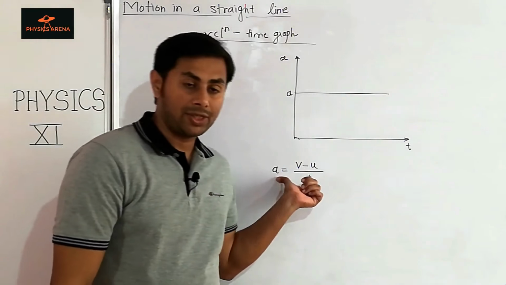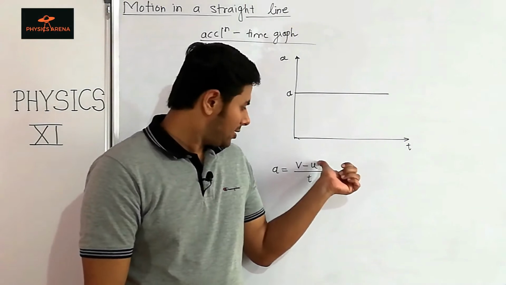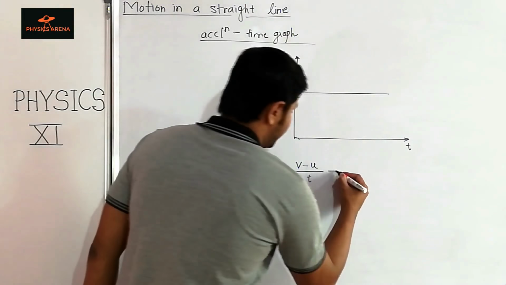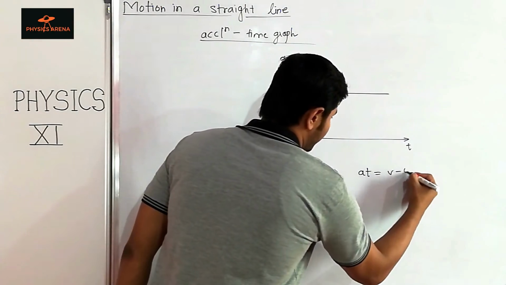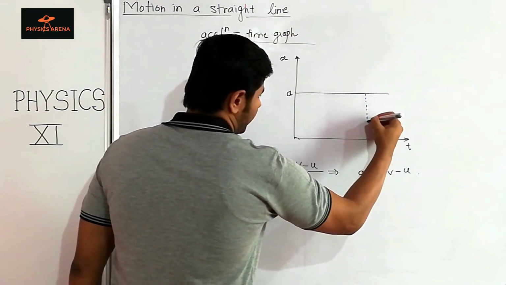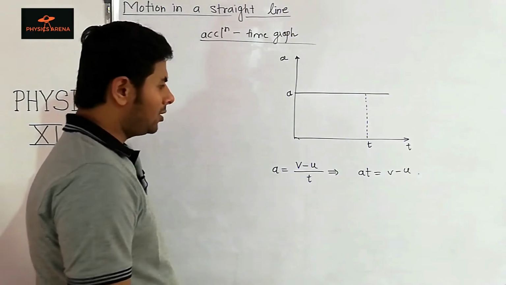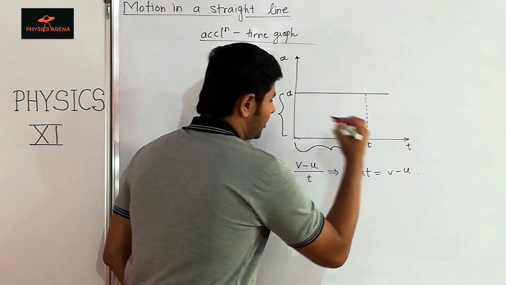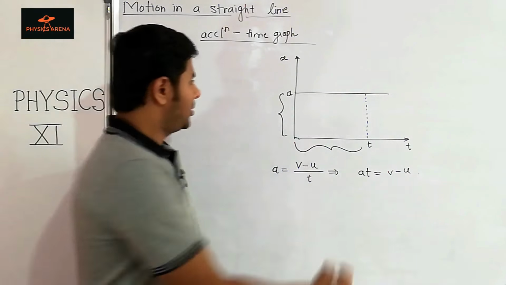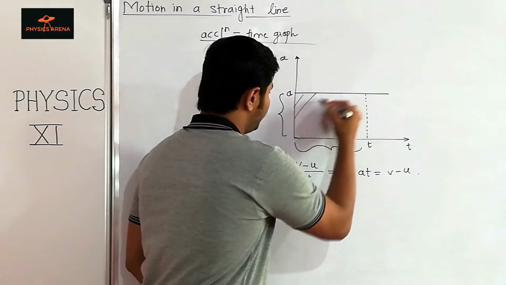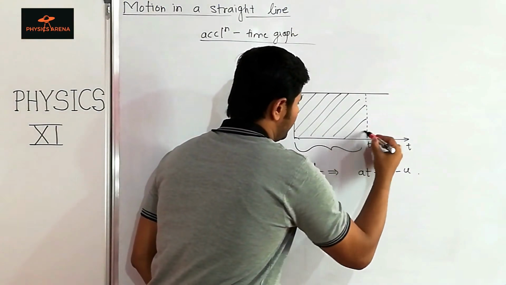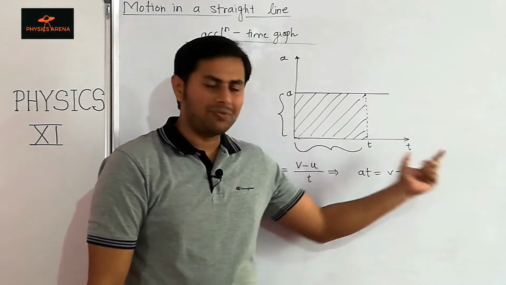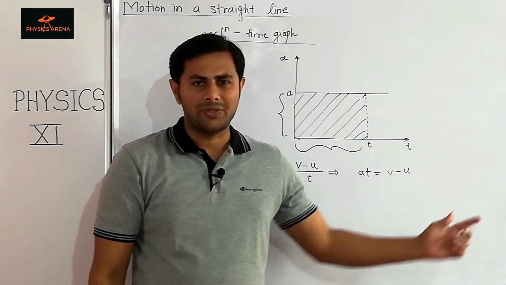Suppose acceleration is uniform, final velocity is v, initial velocity is u, and t is the time. Then if I take t on the other side, I get at equals v minus u, and suppose we take some time here. Now just see that a is the length of this side, t is the length of this side. So a multiplied by t is the area of this rectangle. That is, the area under the acceleration versus time curve gives us the change in velocity.